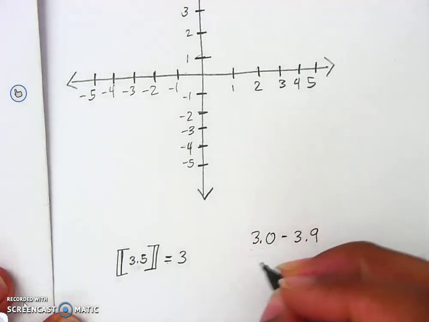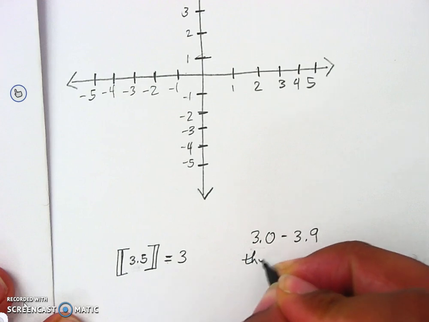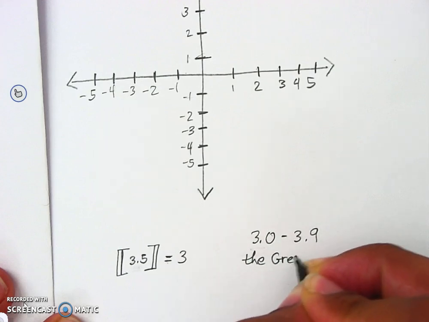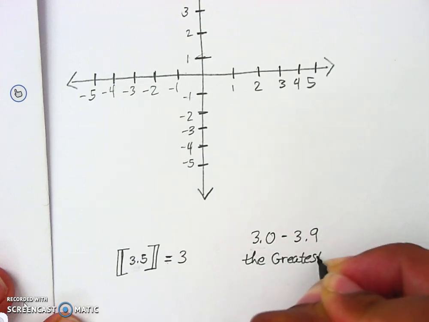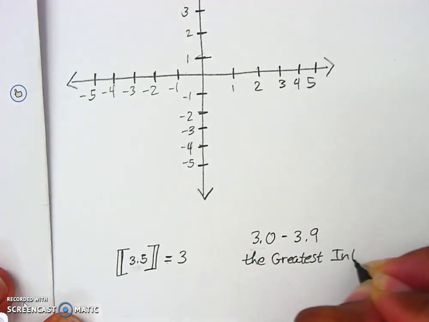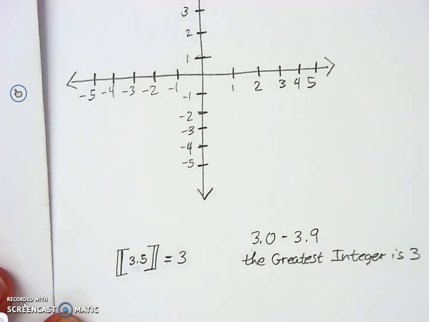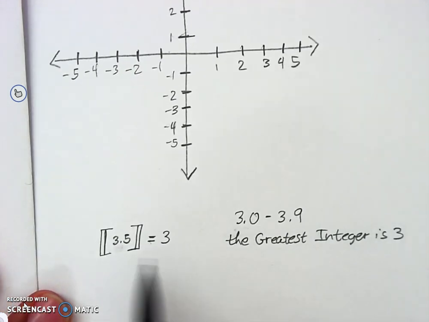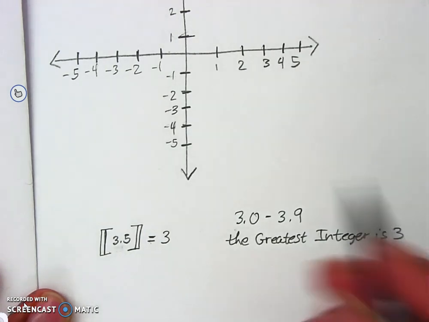So here, the greatest integer is 3. Again, you can't go to 4 because that's not 4 yet. That's still between 3.0 and 3.9.